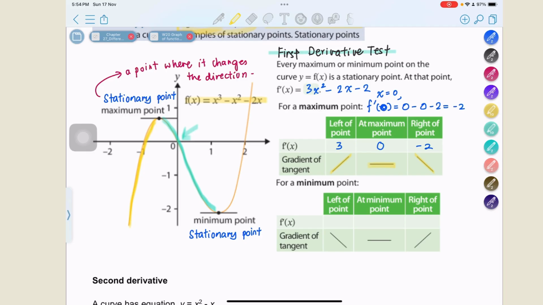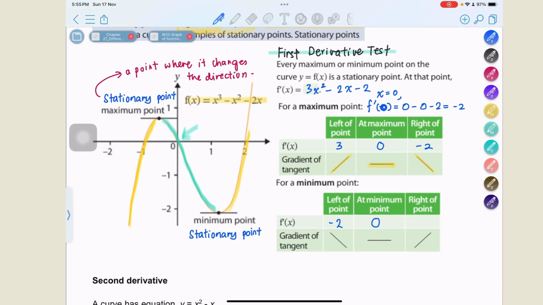Thereafter, what about the next part? Before I hit the minimum point, my gradient is all the while negative. So I can transfer my -2 to this side, and at the minimum point, my gradient equals 0. Going up to the right point, I can choose any value.